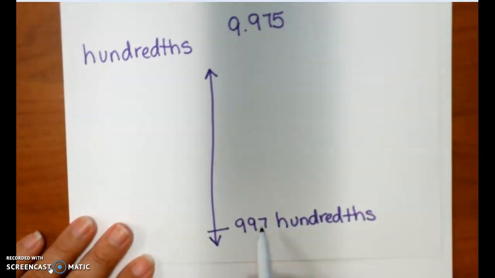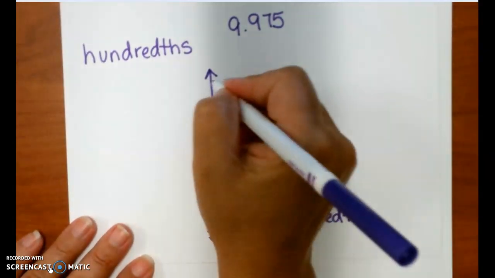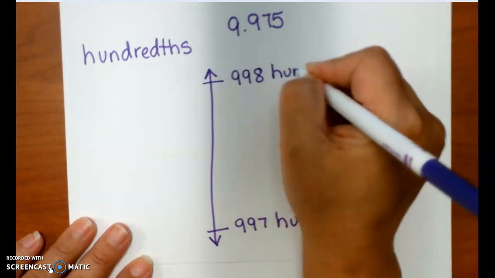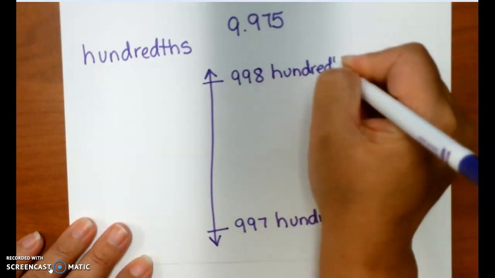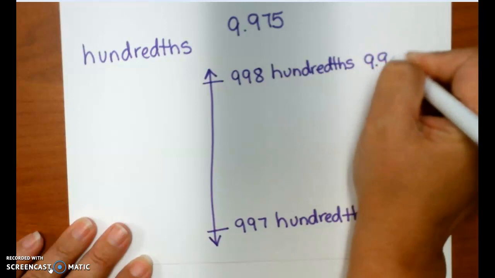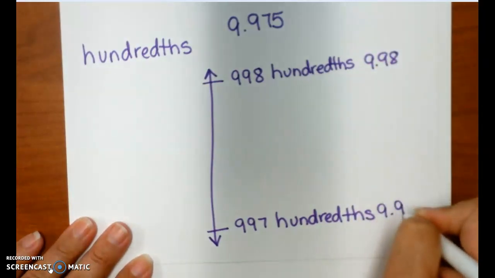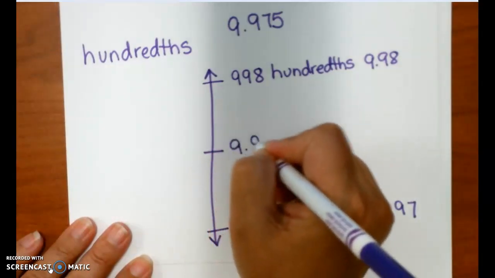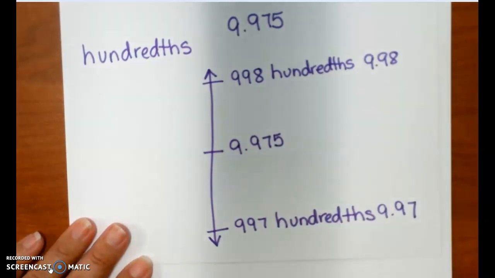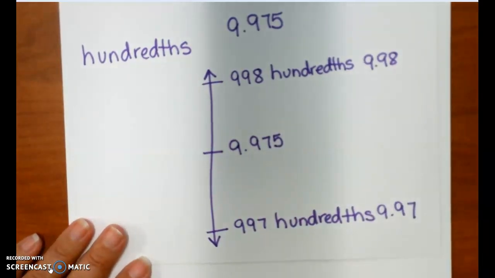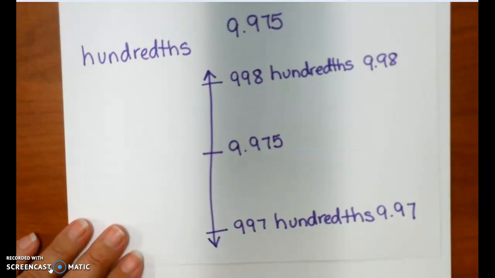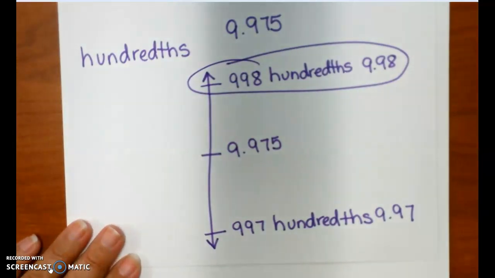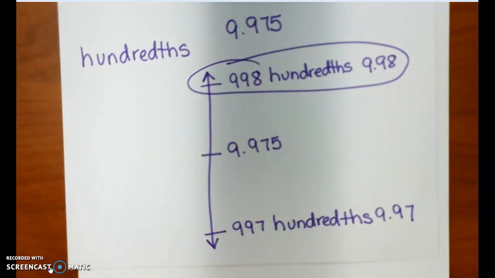What's my next hundredth? What's one more than 997? 998 hundredths. What's halfway between 9 and 975 thousandths? I know when I have a number that's halfway between two numbers, I round up. So I would round to 9 and 98 hundredths.